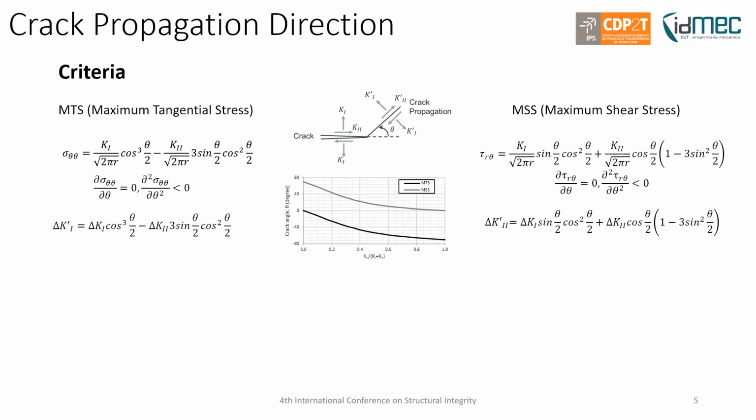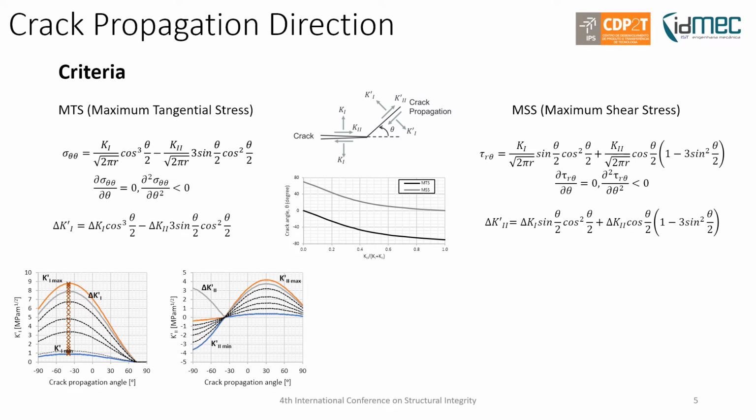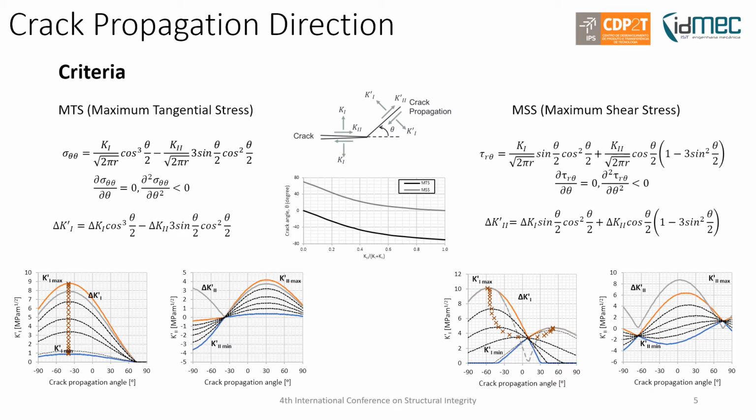The maximum tangential stress criteria considers that the crack will propagate along the direction where mode 1 is maximized. This can be very useful for proportional mode 1 and mixed mode loading conditions. But for non-proportional or mode 2 dominated propagating conditions, the maximum shear stress criteria, that considers propagation along the direction where mode 2 is maximized, should be used.